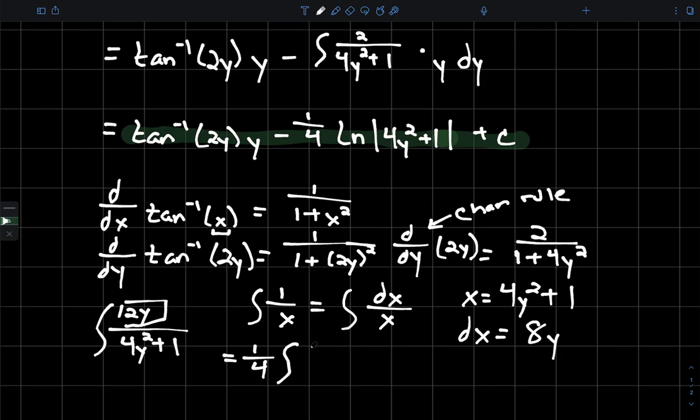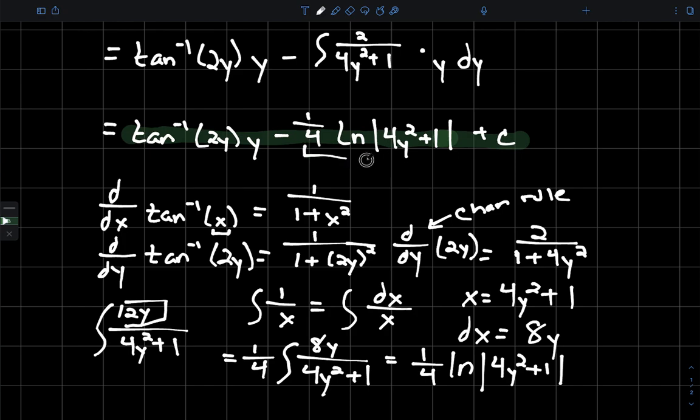The integral of 8y over 4y squared plus 1 equals 1 over 4. And the integral of 1 over x is our natural log. Just plug in your x, which was your 4y squared plus 1. And that is how we got this portion.